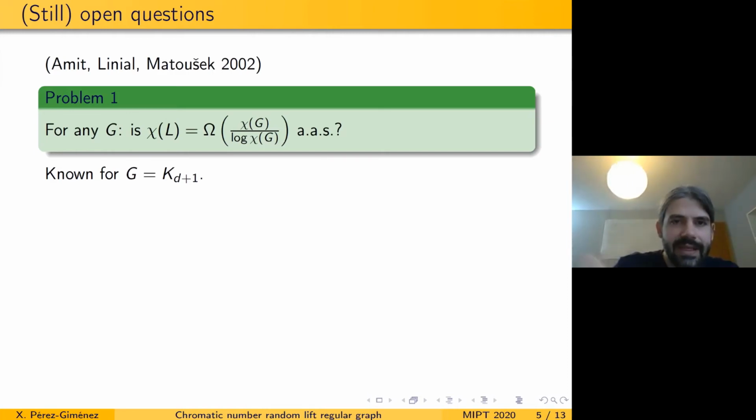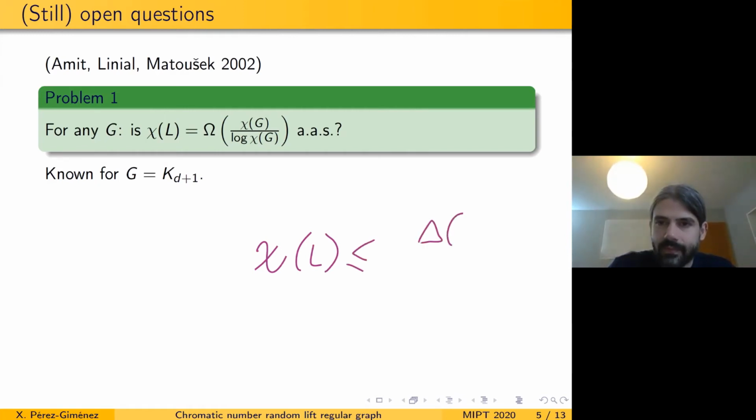Well, they prove many things, and maybe I should have stated them, but they give the following upper bound. So they look at the chromatic number of a random lift of a fixed graph.